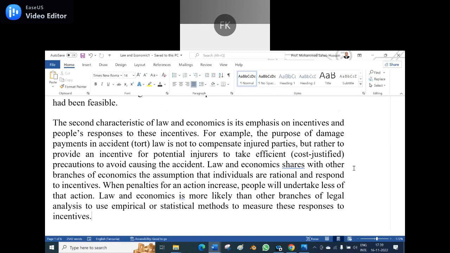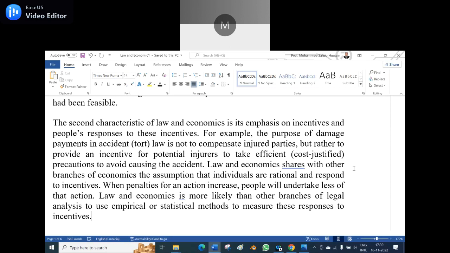In the market, if you sell the product, suppose you have 100 vials or 100 boxes to sell in one month. But if you sell the 100 boxes within 10 days, they will give the incentive to you, because you achieved the target: instead of 30 days, you sold the product in 10 days only.